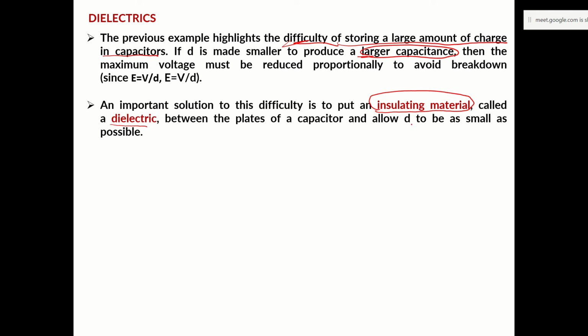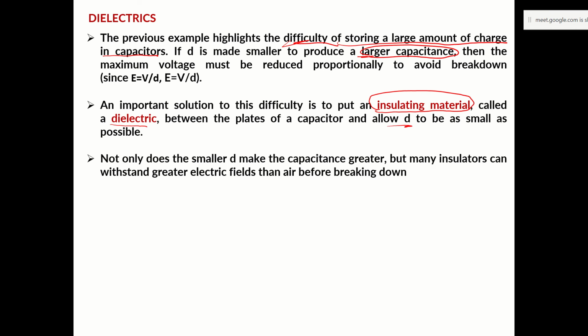We always keep the distance as small as possible and then place this material. Insulators are materials that, even if you apply a very large electric field, will not break down.